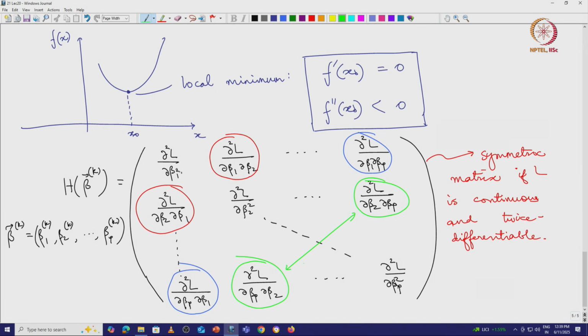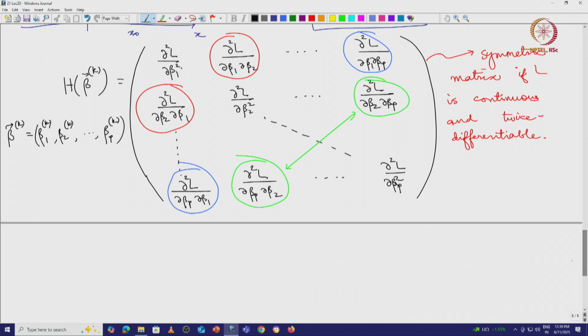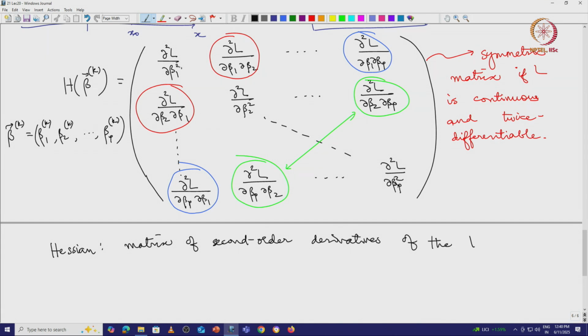So if you want to physically understand what the Hessian is, in simple words, the Hessian is the matrix of second order derivatives of the loss function, in this case, with respect to the parameters.